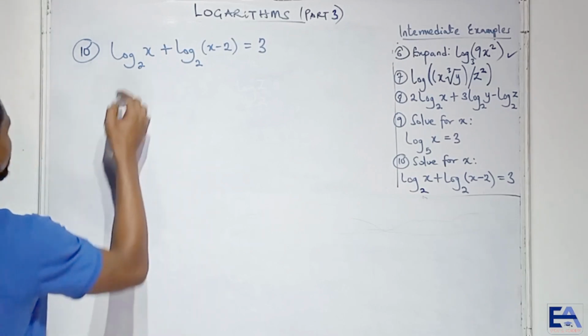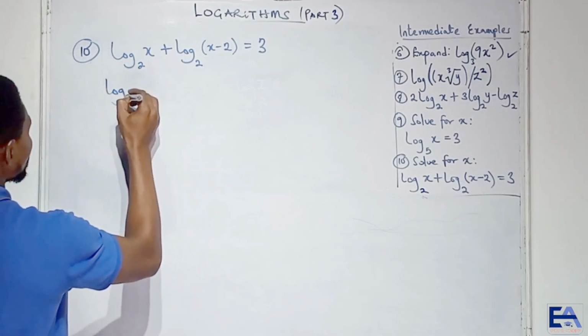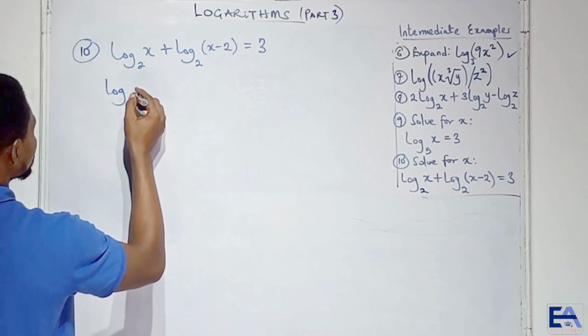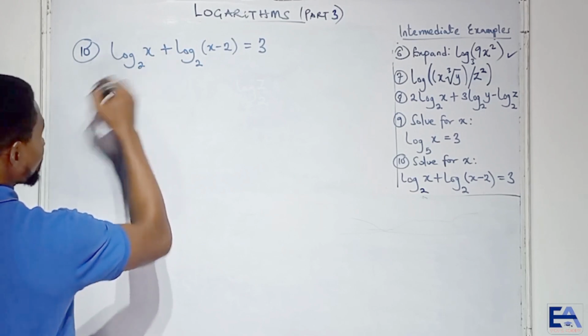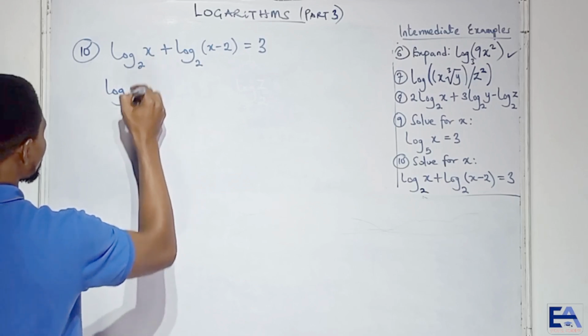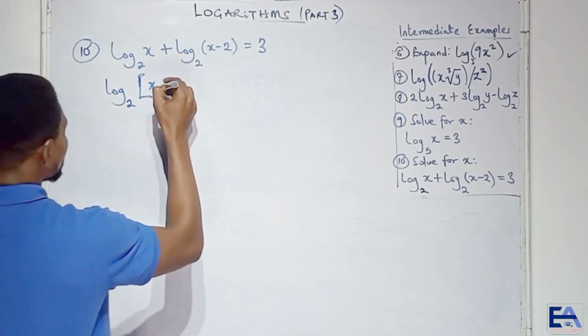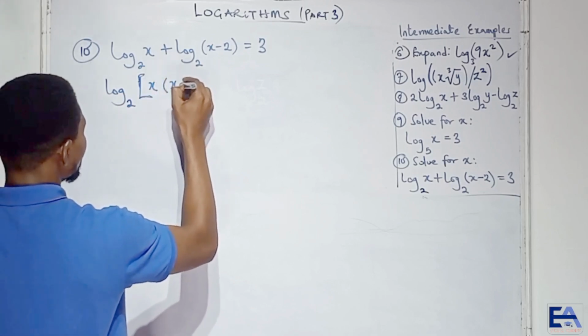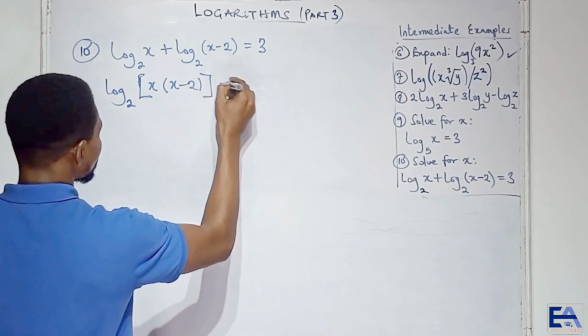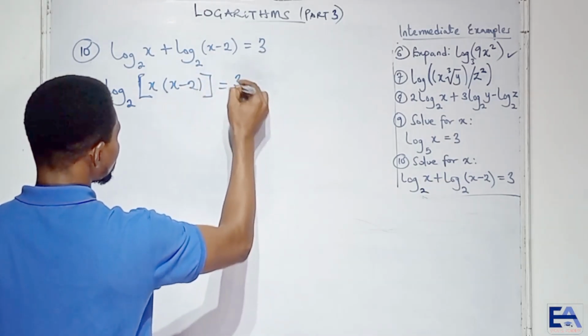So we have this log, you can bring it together into 1, to base 2. You have x multiplied by x minus 2 is equal to 3.